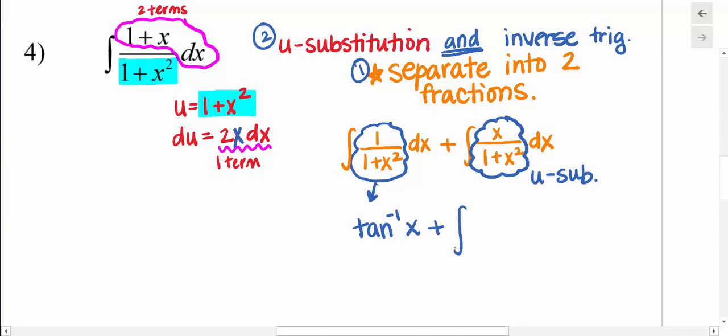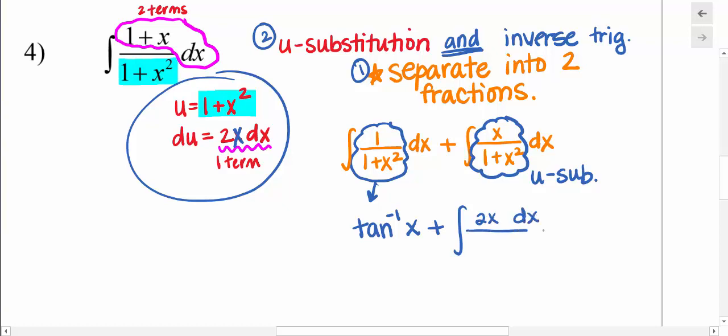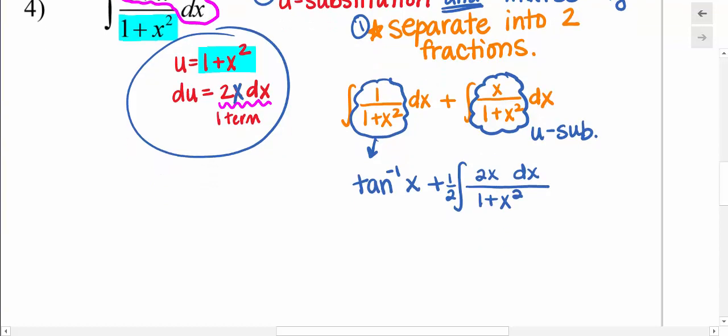plus, and I'm just going to write this out because I already have the u-substitution stuff written down over there to the left. So I will throw a 2 in, so that way I have my du, which means I need to put a 1/2 out front. So then I have inverse tangent of x plus 1/2, and then that becomes du over u.